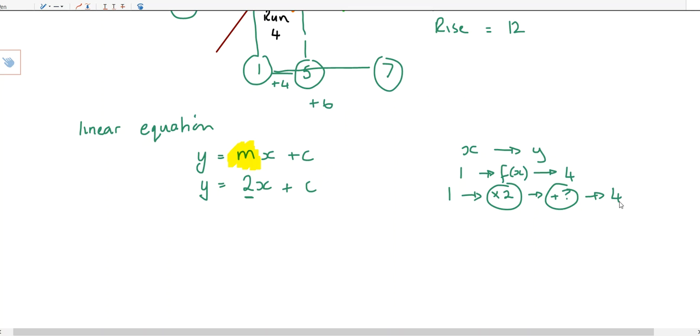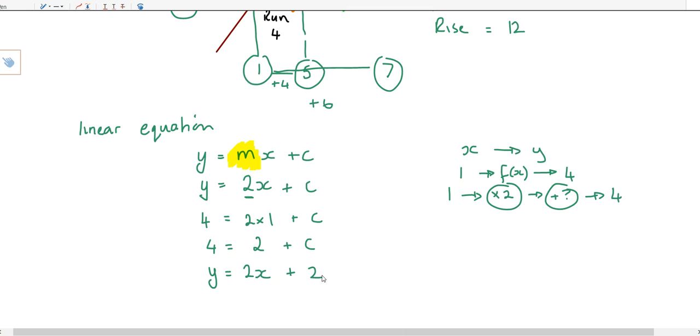So I wouldn't be writing it out in this way necessarily, but this is what I'm thinking in my head. But what I can do is say, right, I'm going to substitute what I know in. So I've got the 4 has to equal 2 times 1 plus something. Yeah? So that's 2. Therefore, the plus something must be 2. So then I go back and say, well, it's got to be 2x plus 2 for it to work. Yes?